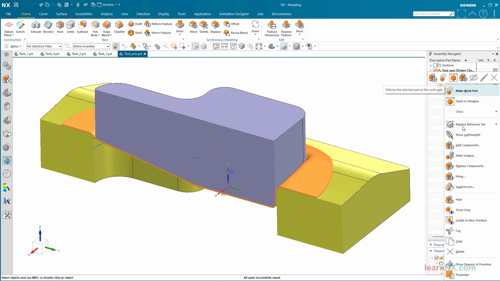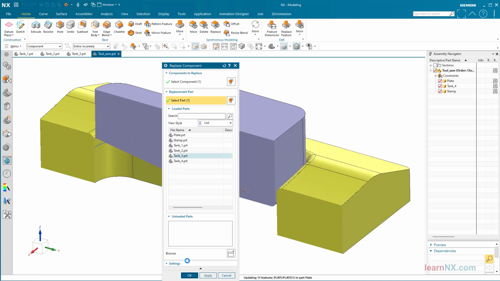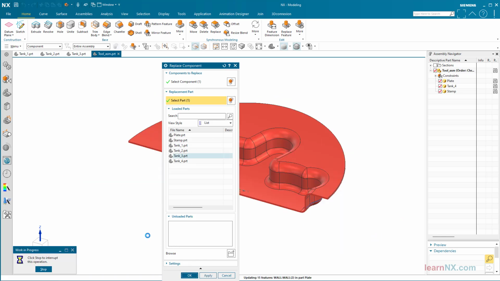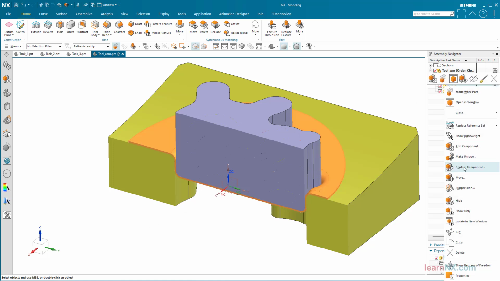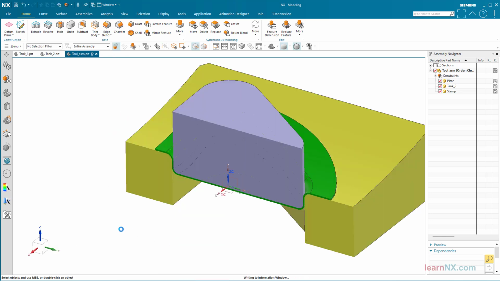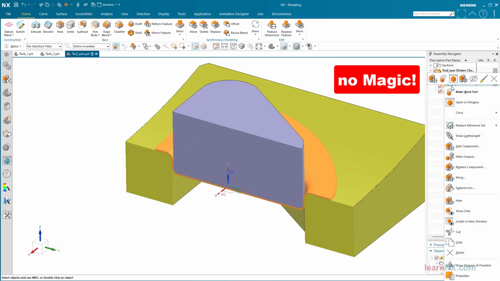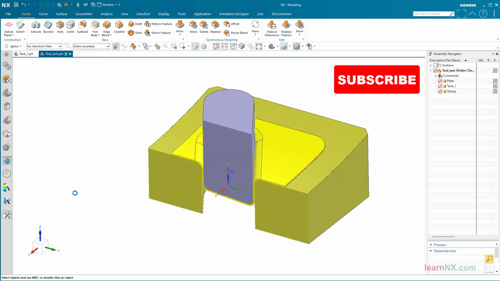This means that elements can be exchanged, and components and machines in the background adapt to the changes. But this is a prepared presentation with a few tricks up its sleeve, right? Of course there are necessary preparations. But this channel is not called Magic NX, it's called LearnNX, and you will get to know the methodology.